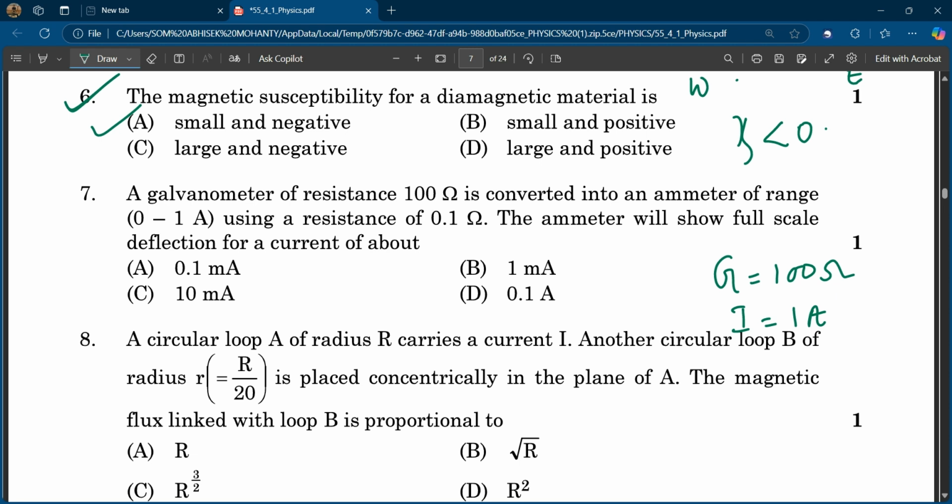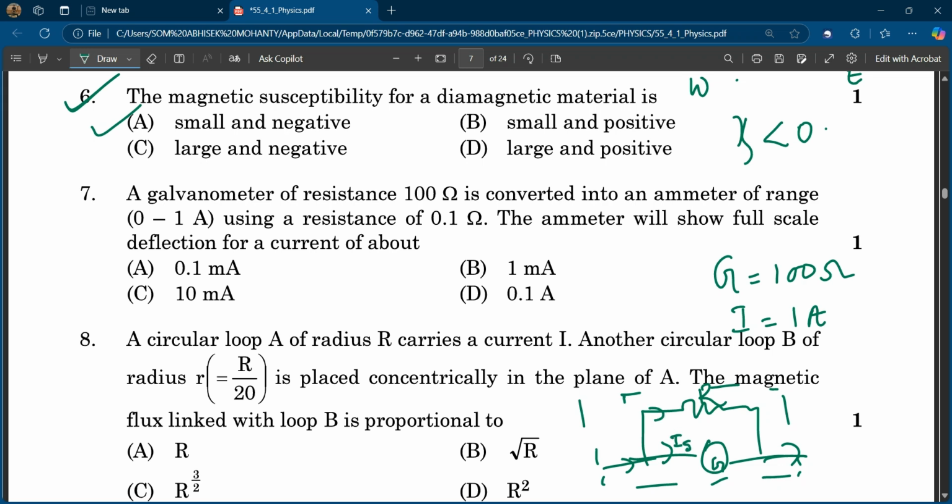How to convert a galvanometer into an ammeter? If we give a resistance in parallel to a galvanometer, the system will be an ammeter. So this is your Ig, this is your I minus Ig, and this is your I. So (I minus Ig) into R is equal to Ig into G. We know the equation.